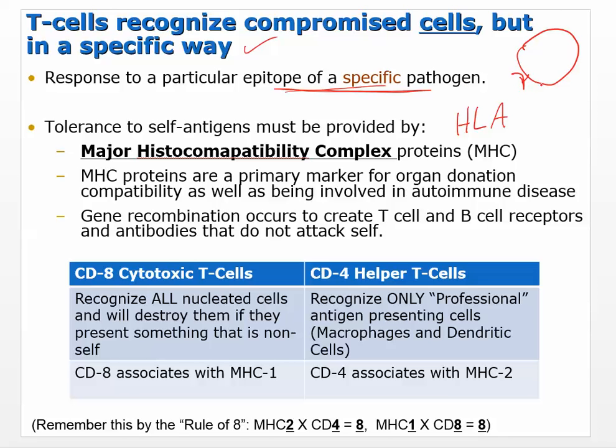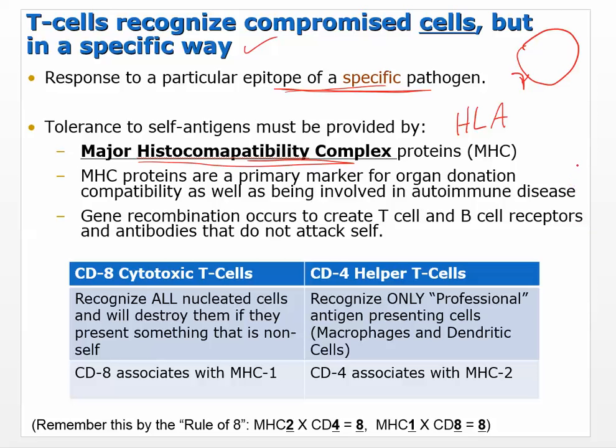But the thing is, they're not just looking for pathogens. Tolerance to self-antigens must be provided by this thing called major histocompatibility complex.